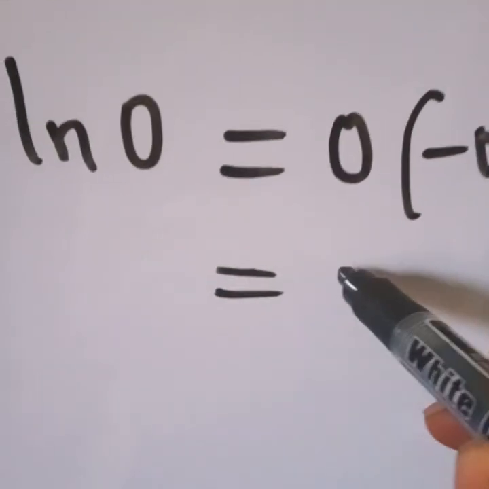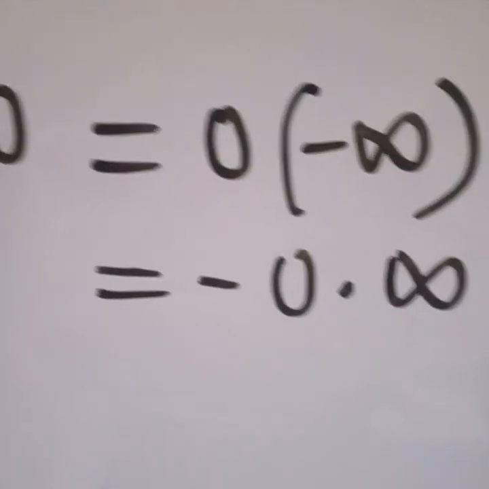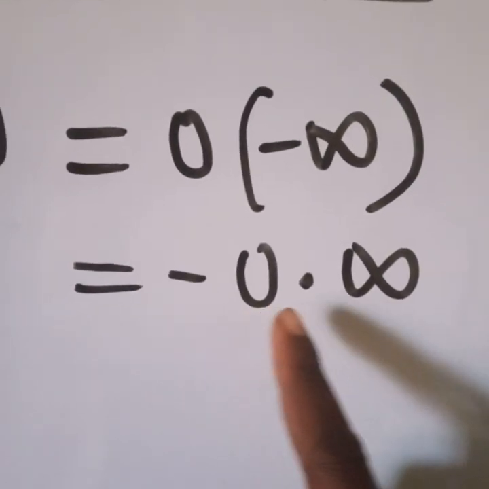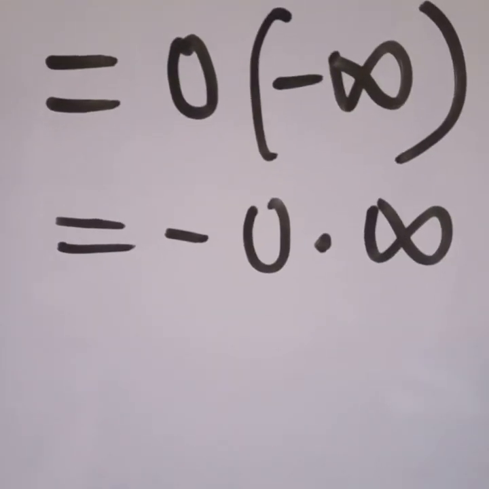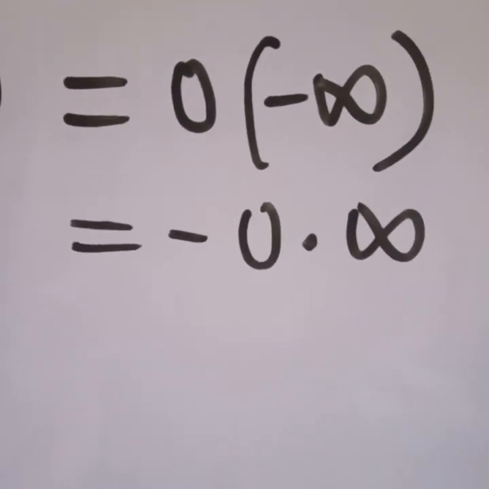So this becomes 0 multiplied by negative infinity. So if you recall, 0 multiplied by infinity is under indeterminacy form, as given at the beginning of this class. So this also means indeterminate.